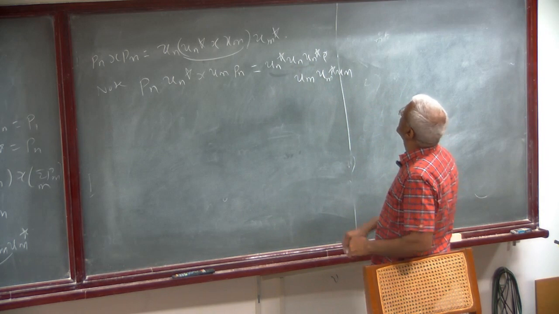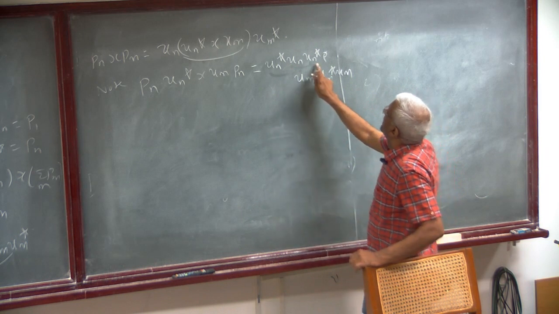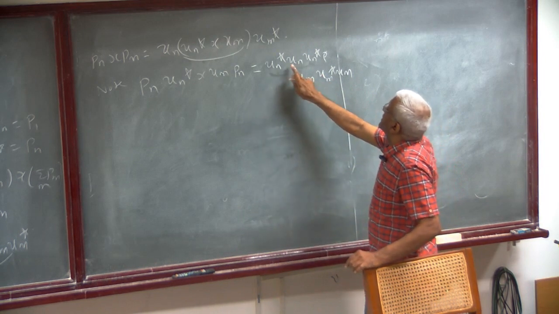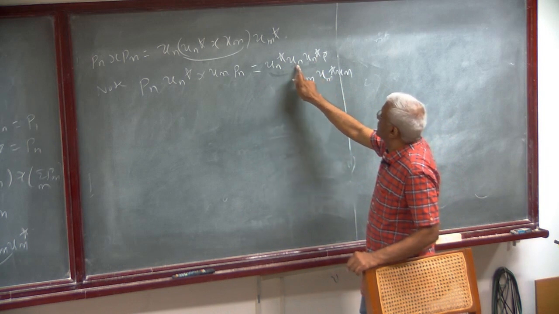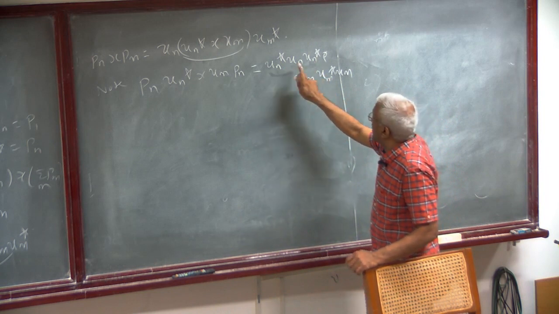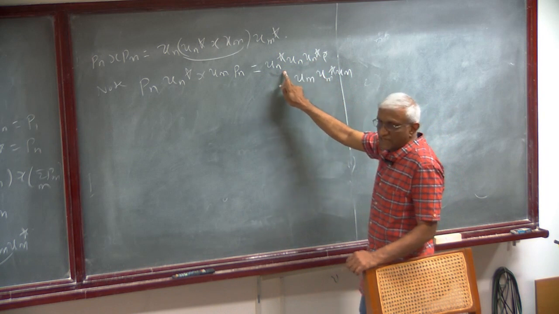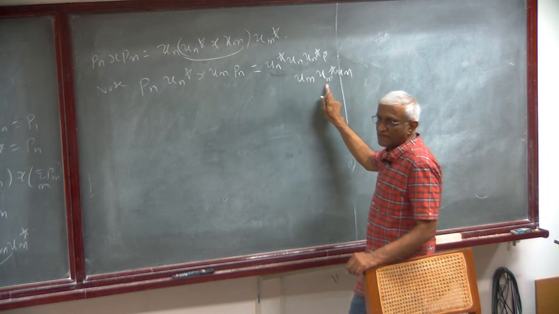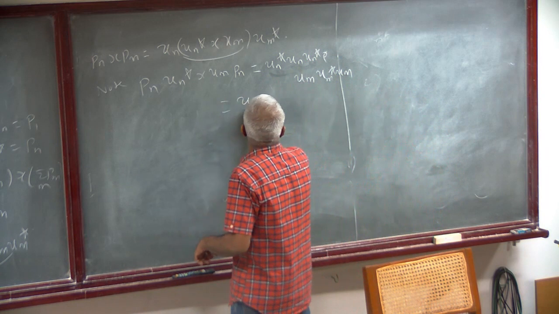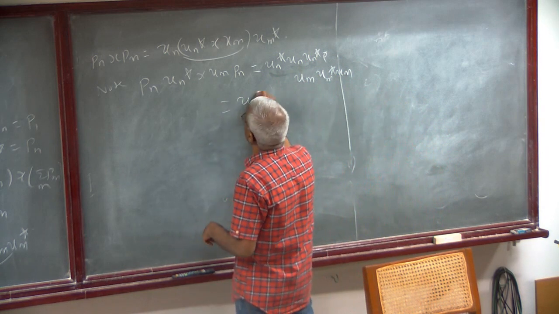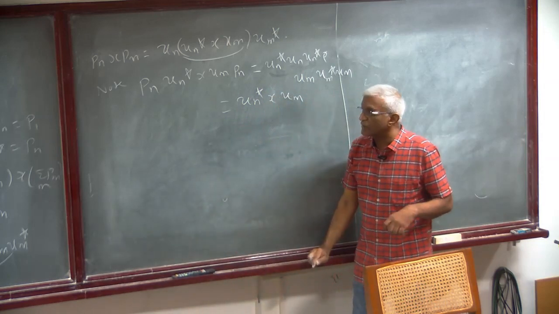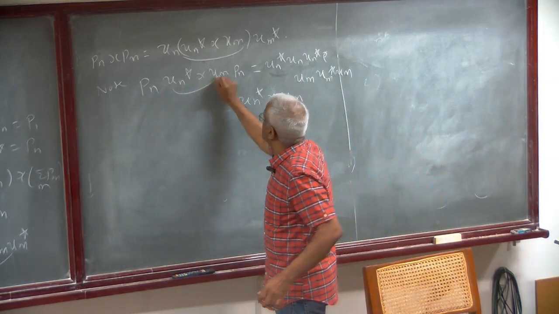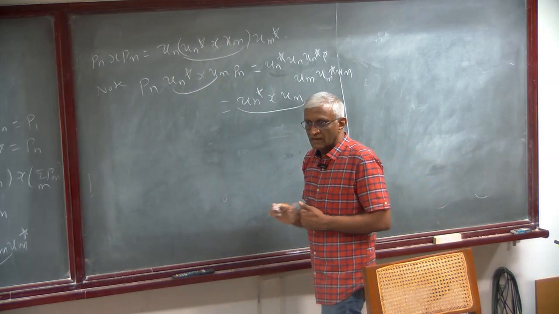Un star is the final space of Un. Un star acting on Un star is just Un star. Similarly for here. This is equal to Un star X. So Pn of this is same as this.